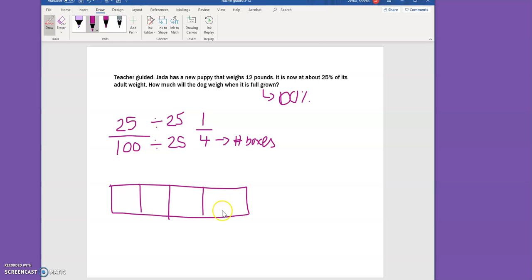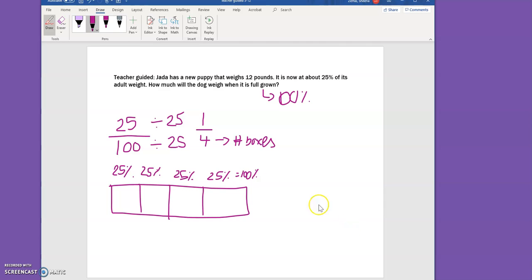Each box is going to represent the original amount, 25%. If you've done your simplification correctly, the total amount of the boxes will total that 100%. So 4 boxes of 25%.